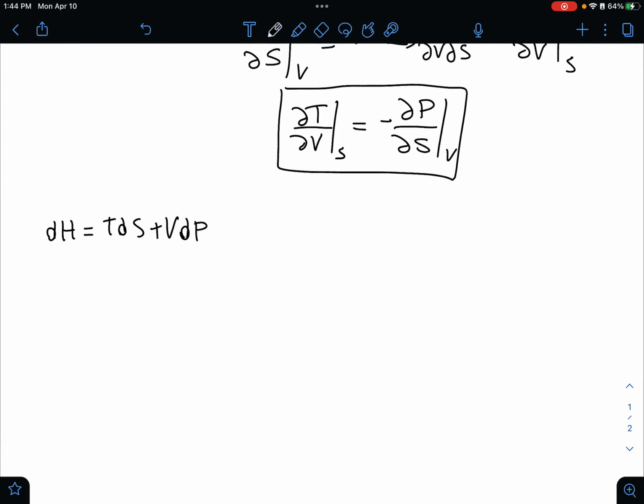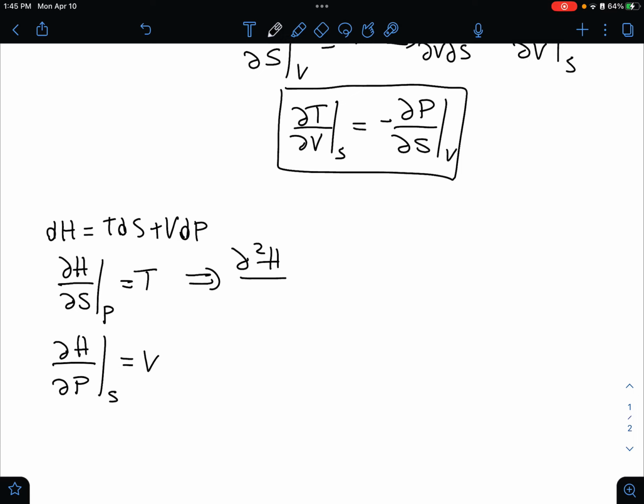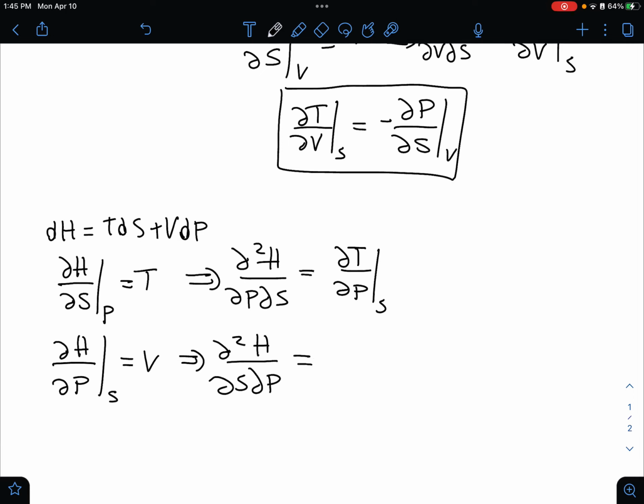So dH, the natural variables are going to be S and P. So I'm going to say dH dS at constant P is equal to T. dH dP at constant S is going to equal V, and d squared H dP dS is going to equal dT dP at constant S, and d squared H dS dP is going to equal dV dS at constant P. And these will be equal to each other.